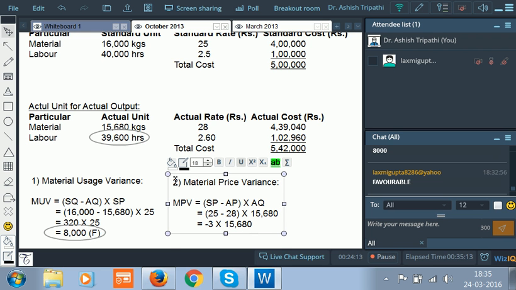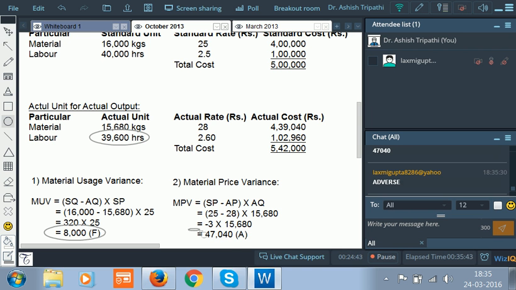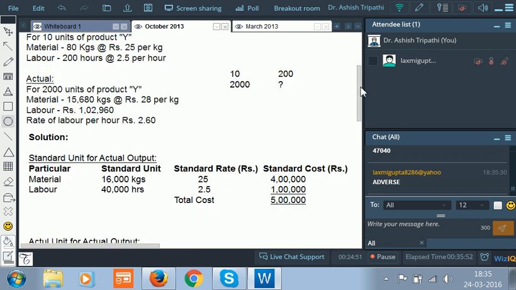Minus 3 into 15,680, correct, 47,040 adverse. So we will write 47,040 and in bracket adverse. Again we will circle this because this is the second answer which we got.